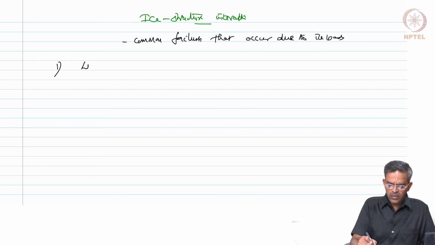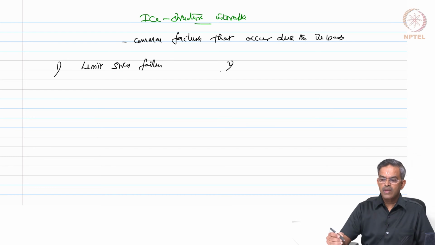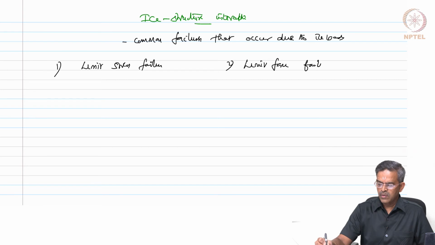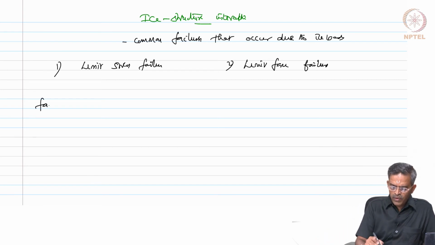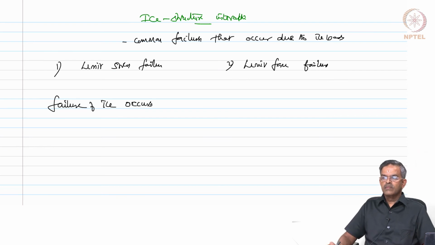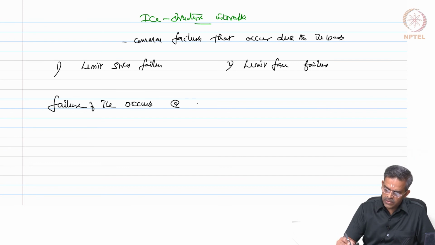Limit stress failure. 2. Limit force failure. Now, failure of ice occurs at the ice interaction surface.